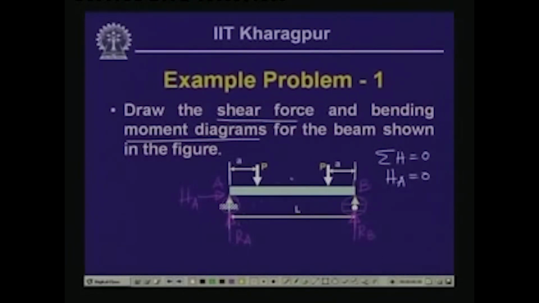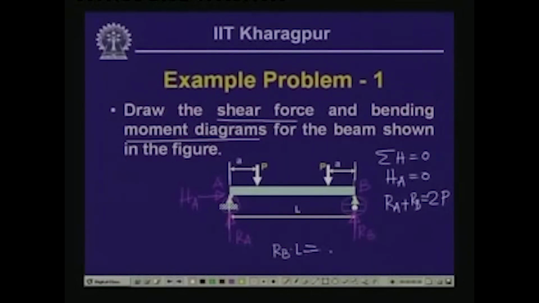Now summation of vertical force is 0: RA plus RB equals, since we have 2 P values, twice P. Now if we take the moment of all the forces with respect to A, then we have RB into L, which is anti-clockwise, and both the loads cause a clockwise moment with respect to this point.